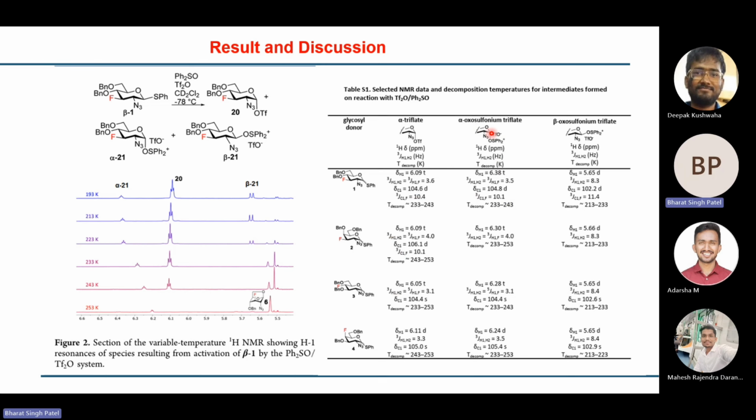They have given the C1 carbon chemical shift value as well as the 1,2 and 3-bond coupling. If it is alpha, the coupling constant is less, 3.6 and 3.5. If it is beta, then the coupling constant is 8.3.